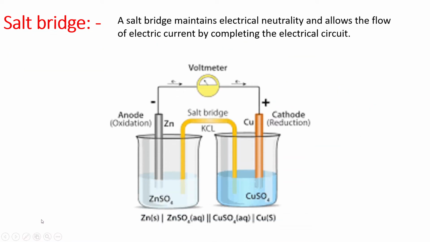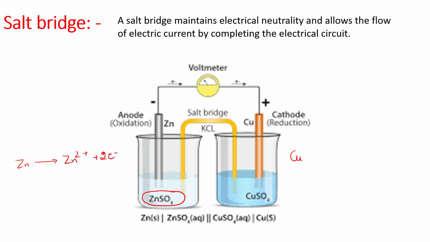So in the following figure you can see that zinc sulfate is the salt present in one cell, while in the other one copper sulfate is present. Since zinc sulfate is present in the anodic half cell, the zinc is going to undergo oxidation. Zn becomes Zn2+ plus 2 electrons released.